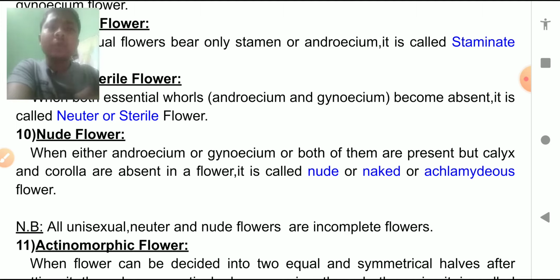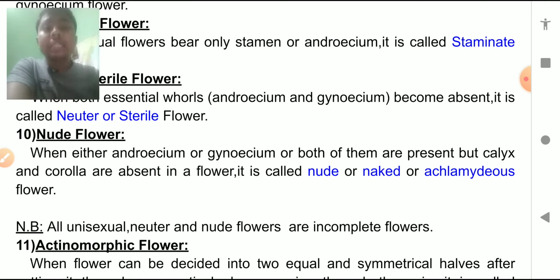But when asked what is achlamydous flower, sometimes you cannot remember this. So also remember this term with nude and naked flower. Nude, naked and achlamydous are all the same terminology, and all indicate the same flower.